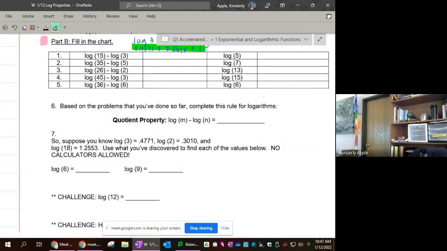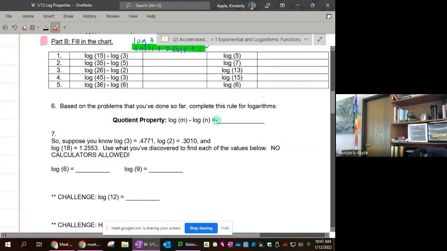Quotient property, hopefully we discovered that the log of some number m minus the log of some number n can be rewritten as a single logarithm as a quotient. So that's m divided by n. Okay? Because 15 divided by 3 will give me 5, 35 divided by 5 will give me 7.